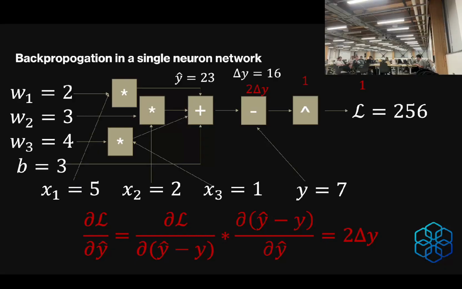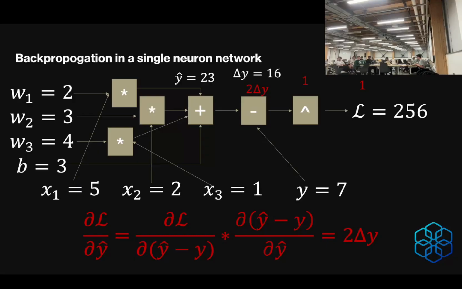Delta L over delta y hat over... Yep. That's right. And so you can see that if we do it for W2, for W3, we're just going to get this multiplied by either x2 or x3.